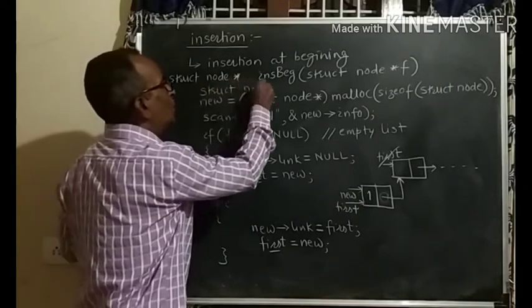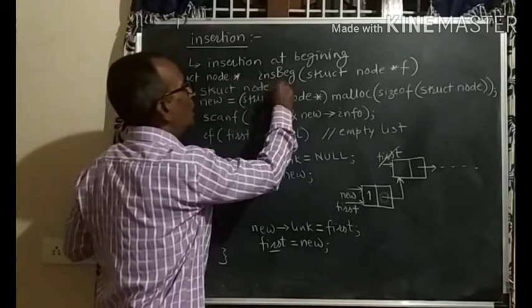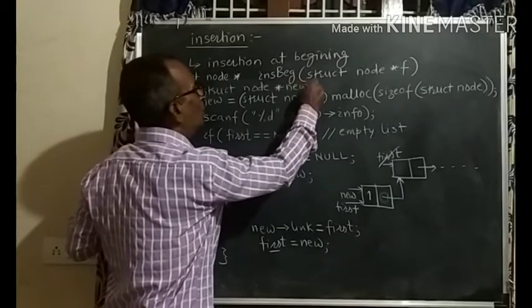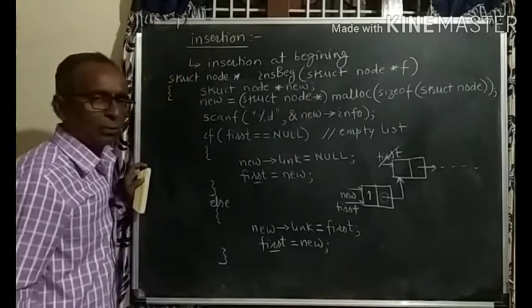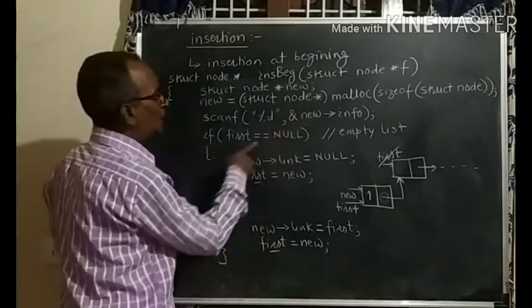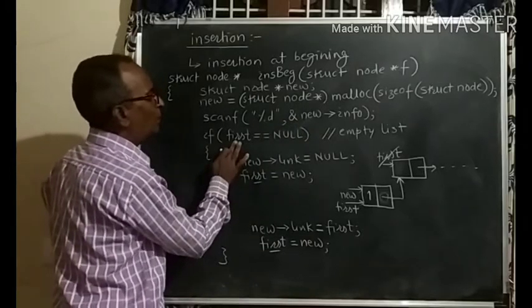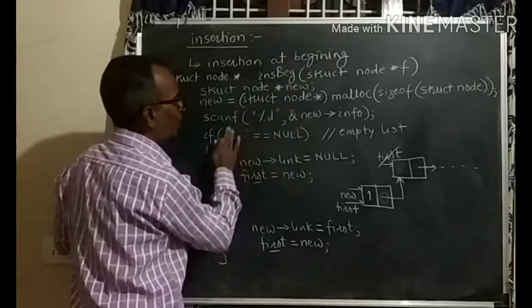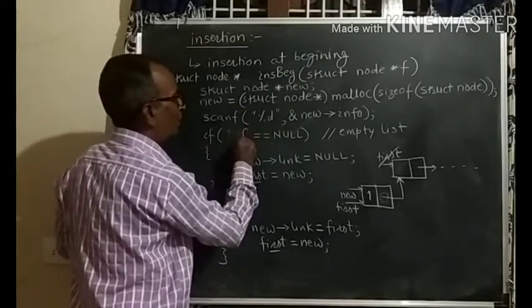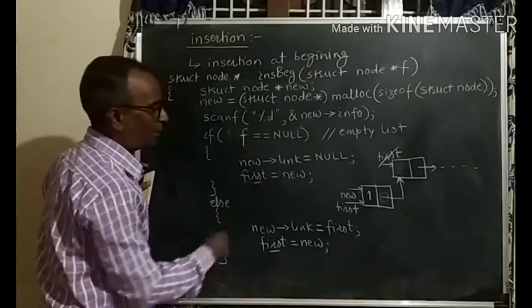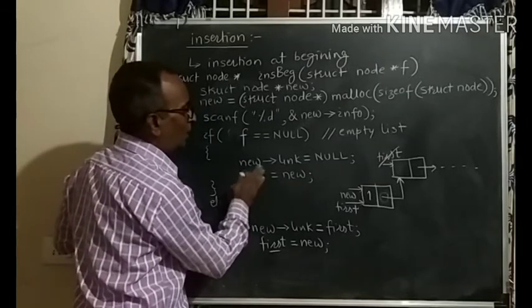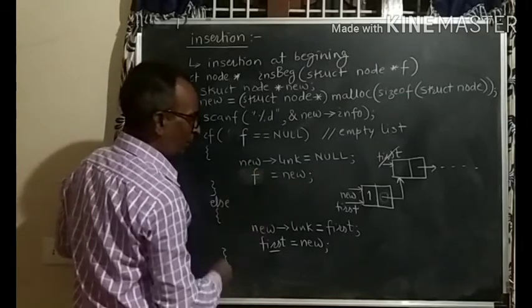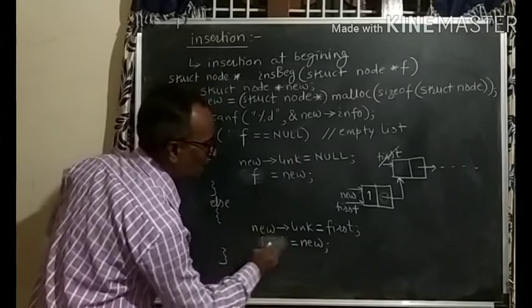Struct node star new. This declaration is over. I am using this. Now in place of first, what do I have to use? Whatever address you are passing, that is f. Now wherever first appears, I'll make that f.